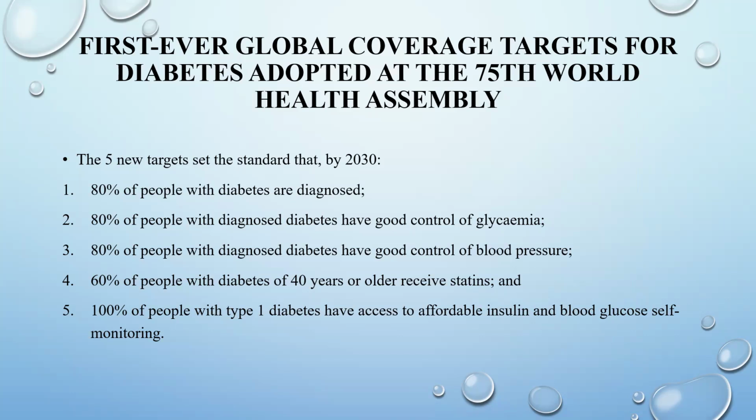Then 80% of people who are diagnosed with diabetes have good control of glycemia. 80% of the people with diagnosed diabetes have good control of blood pressure. 60% of people with diabetes aged 40 years or older receive statins, and 100% of people with type 1 diabetes have access to affordable insulin and blood glucose self-monitoring.